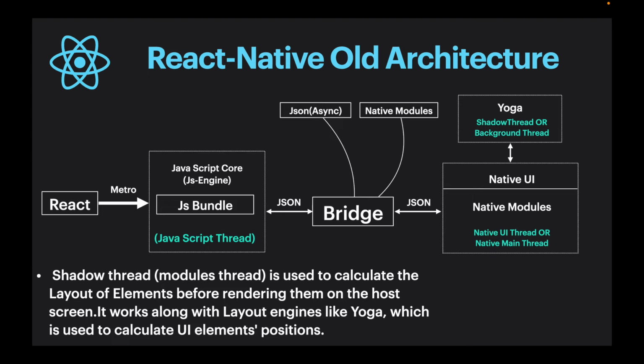So before displaying on the screen, it calculates the layout of every element. Suppose we are using any label, any button, any UI on the screen, it calculates the layout of every element before rendering on the host screen. It works along with a layout engine like Yoga, which is used to calculate the UI element position.